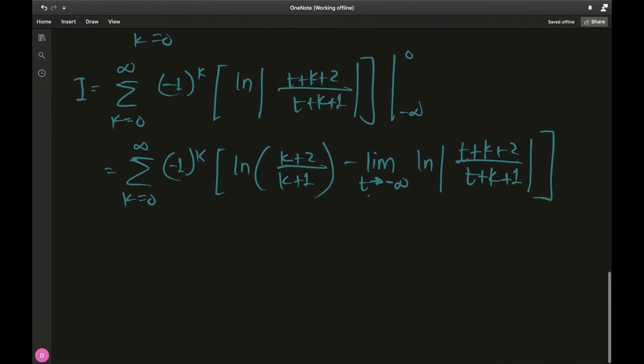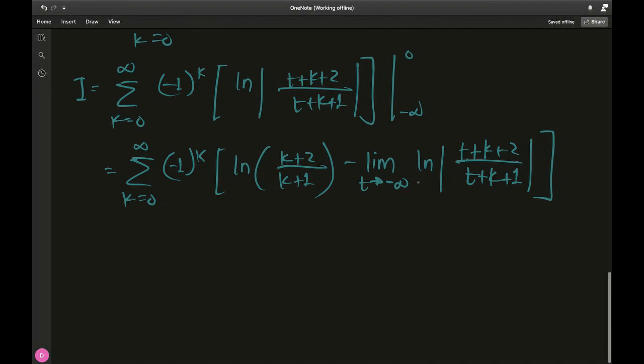So that's our expression. So notice in the limit that t goes to negative infinity, this is a rational function, and a rational function having the same limit variable with the same coefficient and the same degree will just go down to 1, because you can see by even dividing by t, you'll have 1 plus k over t plus 2 over t divided by 1 plus k over t plus 1 over t.